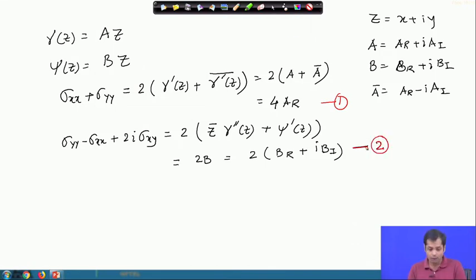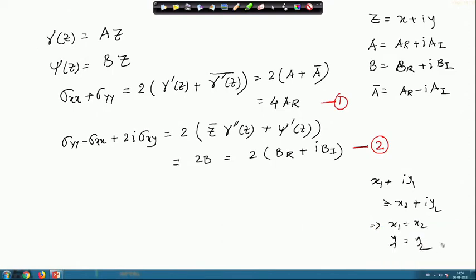Okay. Now, we know this property of complex variables: if x1 plus i y1 is equal to x2 plus i y2, then if we compare the real part and the imaginary part, this gives us x1 is equal to x2 and y1 is equal to y2. So, the real part should be the same and the imaginary part should be the same.